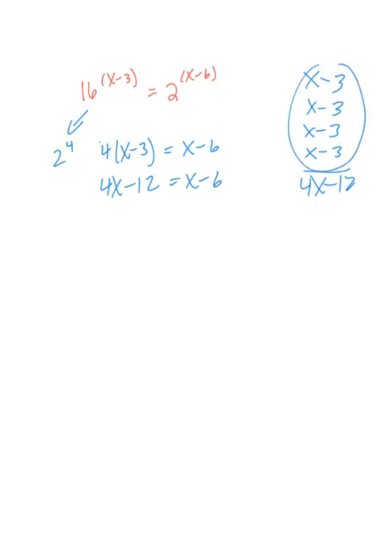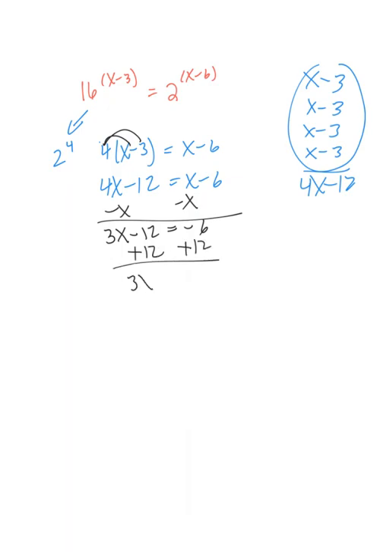And you can also think about the distributive property, 4 times x, 4 times 3, you have your 12. So I'm going to subtract x because I want to get the x's on the left-hand side. Add 12. 3x is 6. Divide by 3. x is 2.